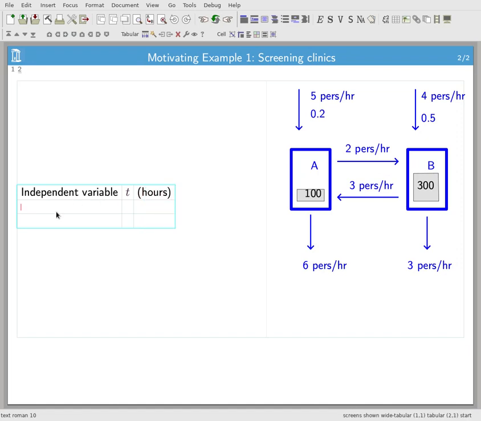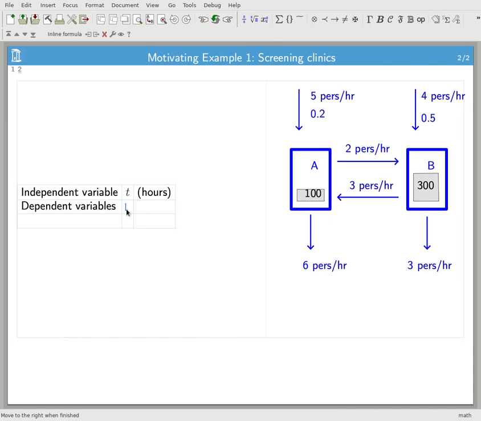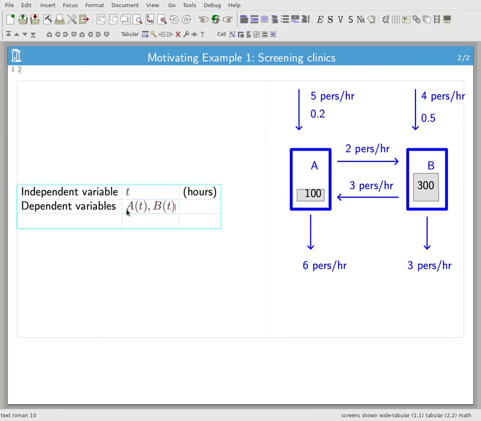Then the dependent variables are going to be the number of infected individuals in each one of the clinics, and let's call these dependent variables just A as a function of t and B as a function of t, and of course this is essentially something that we measure in number of persons.